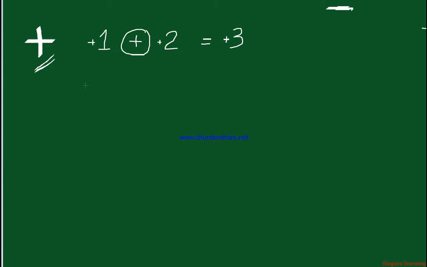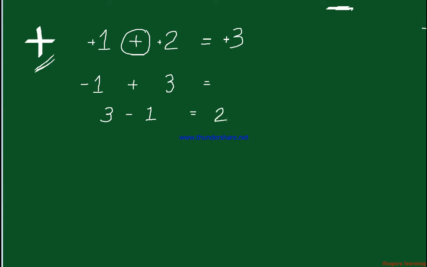Alright, when we have negative 1 plus 3, when we have different signs or unlike signs, we actually subtract them. Subtract the greater value, that's 3, with the absolute value of negative 1, and that's 1.